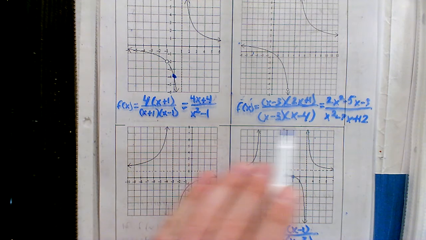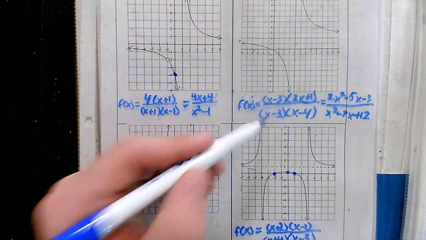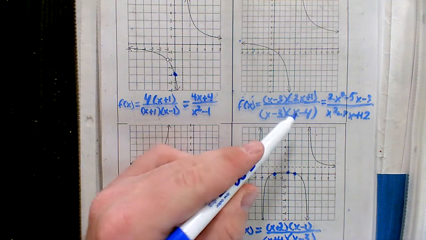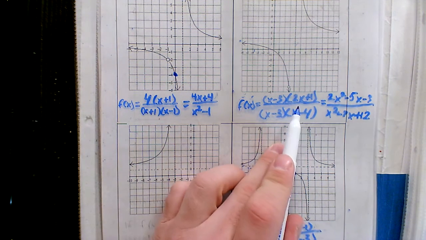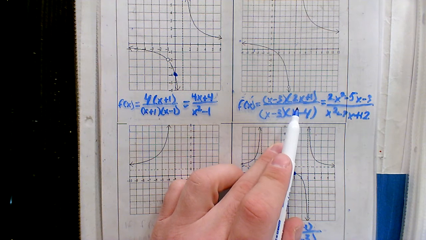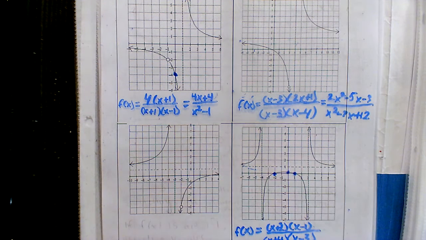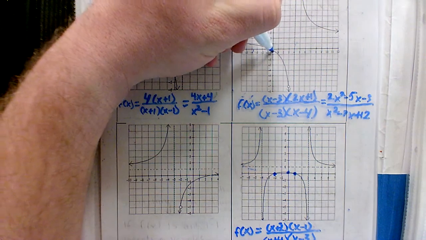On the bottom, I have x minus 3 and x minus 4. That was the hole, the x minus 3. The x minus 4 is your vertical asymptote. And again, that factor is 2x plus 1 on the top now because I multiplied it by 2. Everything multiplied out works now. I have negative 3 over 12 as my y-intercept, so negative 1/4, which is like right there.